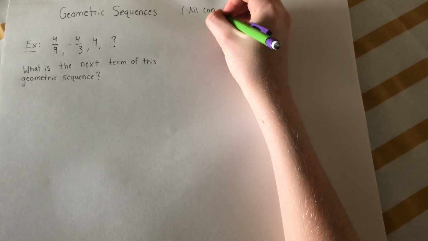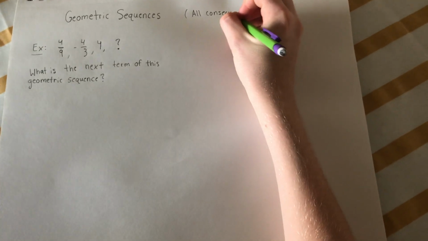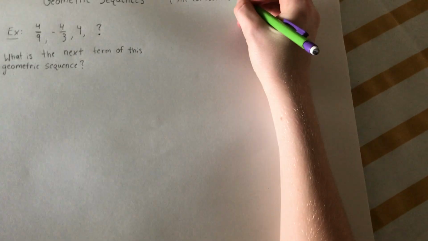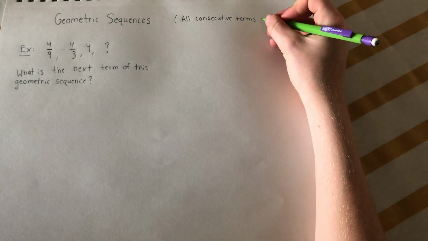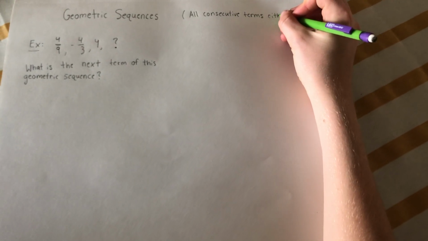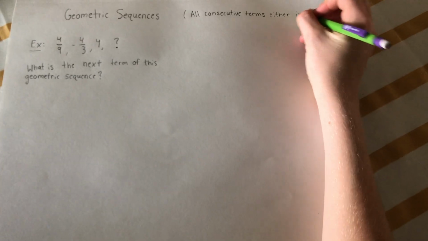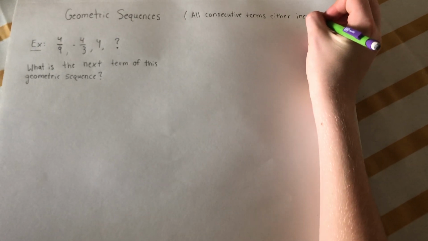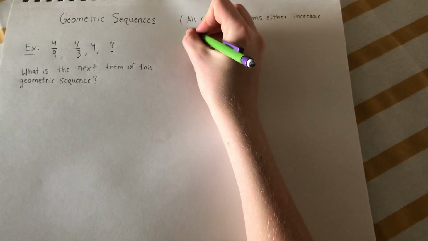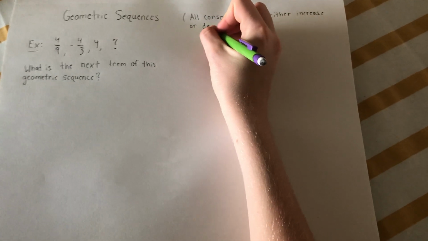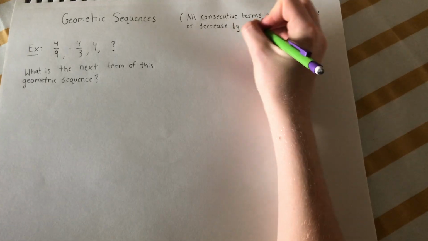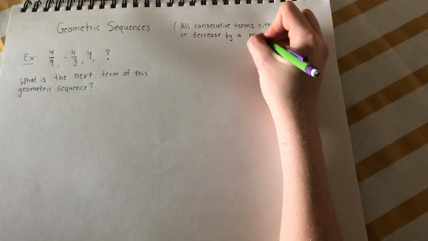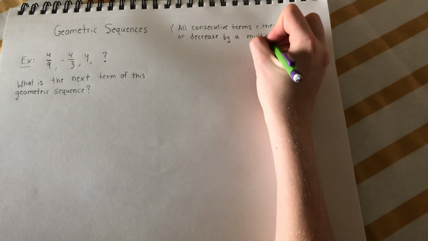All consecutive terms. Consecutive means they're right by each other. Either increase or decrease by a multiple.